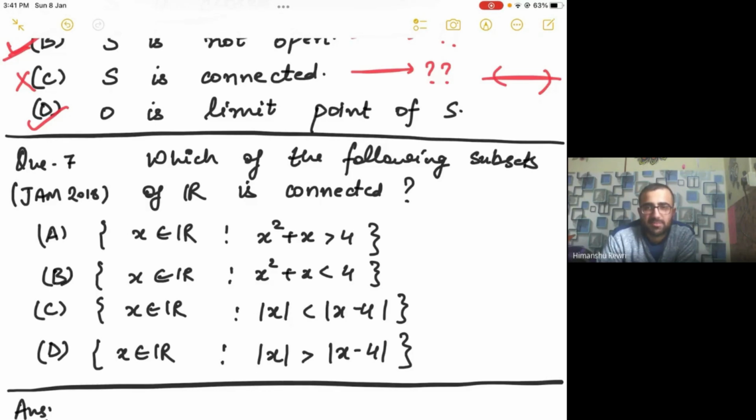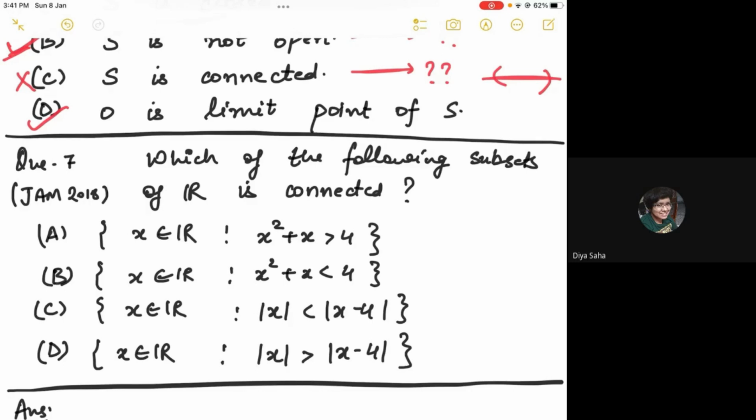Someone says by graphical approach. That approach is also a better approach for me, because this saves at least 1 or 2 minutes. Can anyone suggest how we will do it? Sir, for options A and B, we can consider the quadratic x square plus x minus 4.